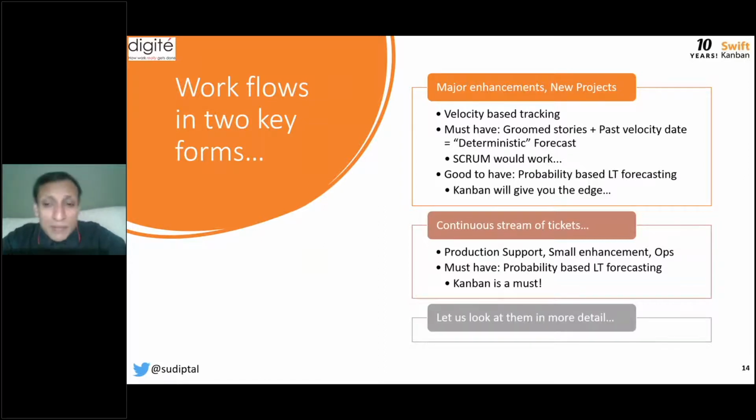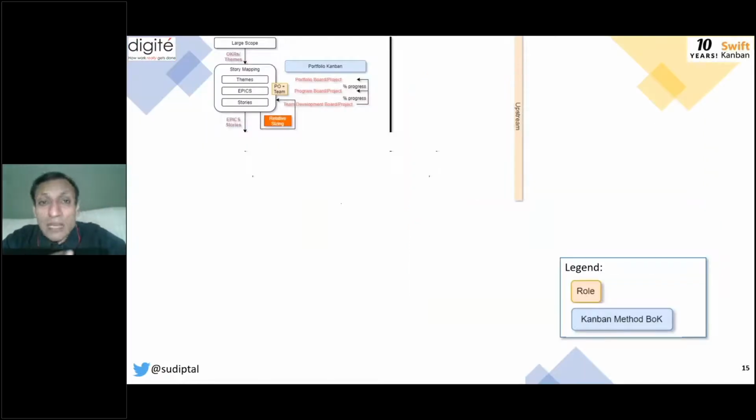So let's look at them in a little more detail, as to what a whole program delivery would look like when we're looking at the quantitative aspect of that program.